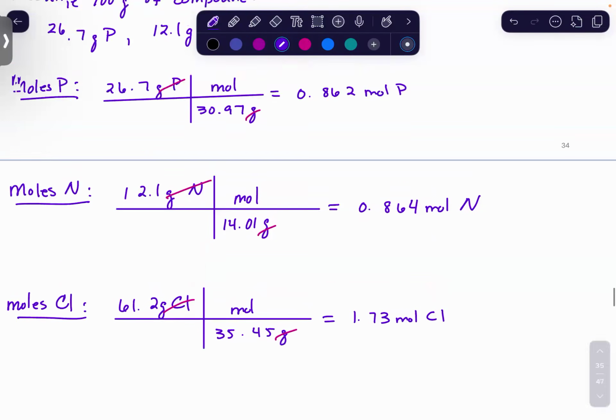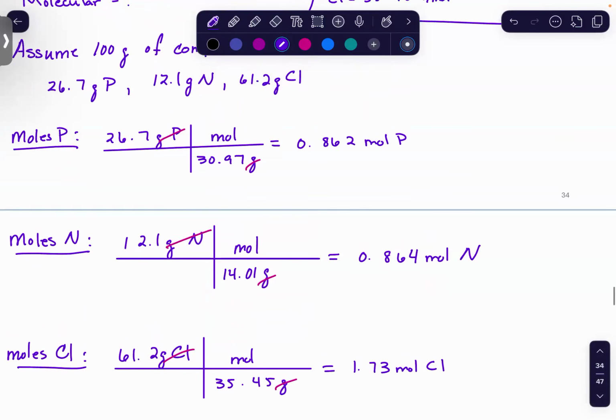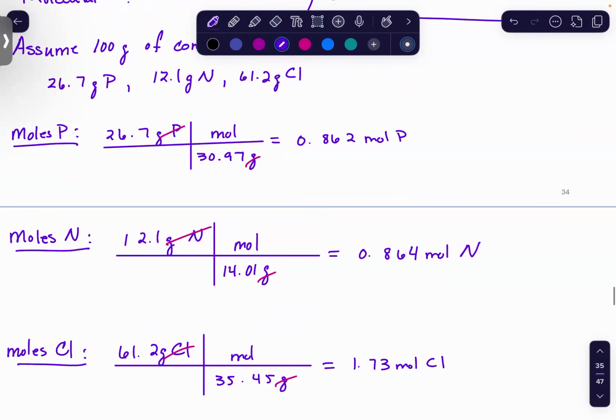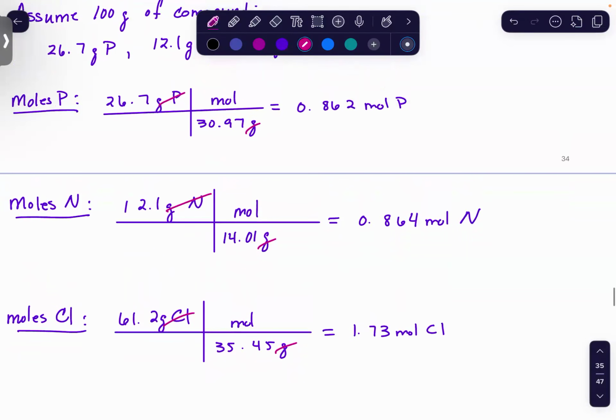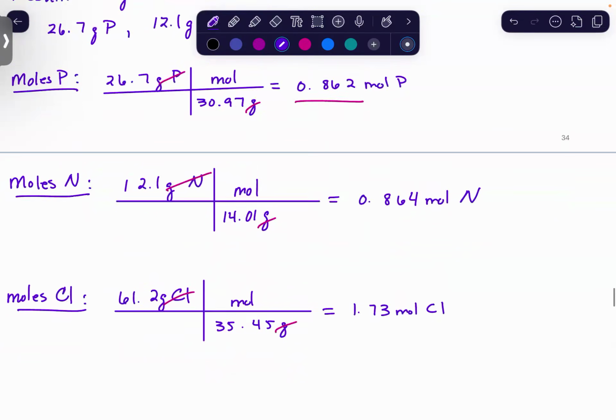Now I know all of my atoms in my compound in moles. Okay, now what I'm going to do is take ratios of these and use the smallest number. I always want to use the smallest number to create ratios. And these are going to give me numbers that will be the subscripts of my empirical formula.